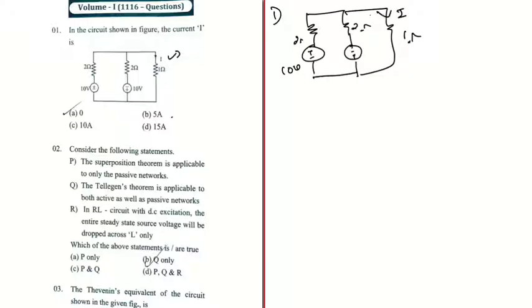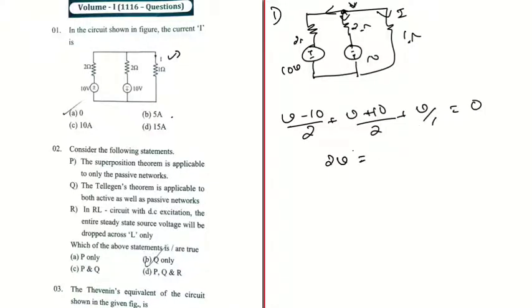Okay, so I have to find out this I. For that I am going to consider a node with a node voltage V, and if I write the node equation, the current flowing away from the node will be (V minus 10) divided by 2 plus (V plus 10) divided by 2 plus V divided by 1 equal to 0. From here I get 2V equal to 0, that is V equal to 0.